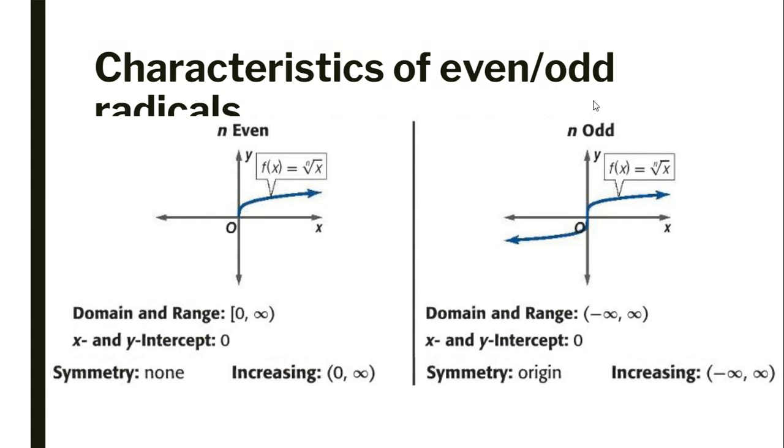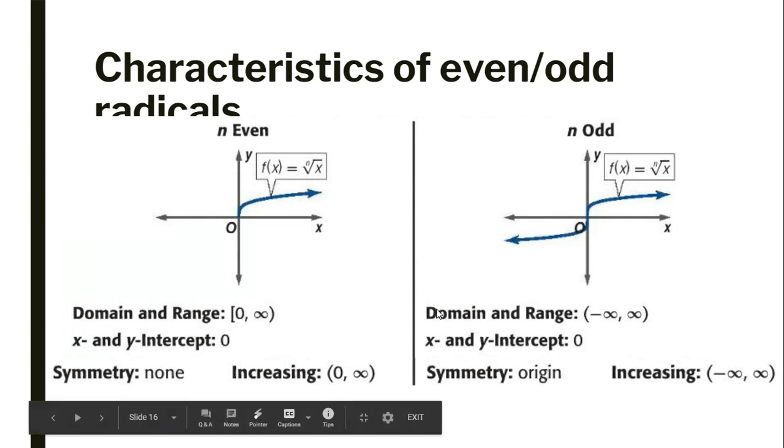Whereas odd roots like 5, 9, 11, all have a domain and range of negative infinity to positive infinity. They all have an x and y intercept to 0, and they are all increasing from negative infinity to positive infinity.